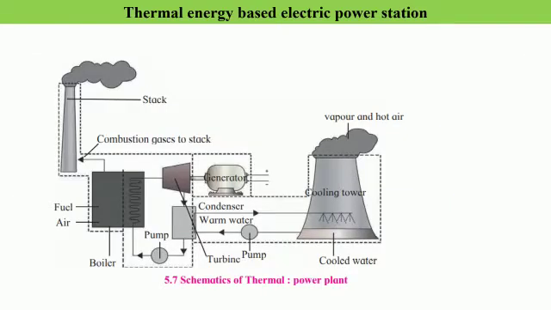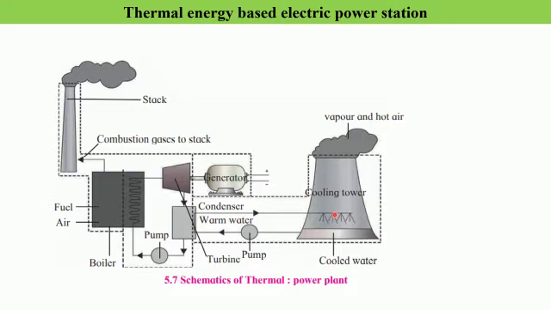Let us now try to understand the schematic diagram of a thermal power plant. If you have ever passed by the Koradi thermal power plant, then you must have definitely seen two big towers. One of these towers is for waste gas removal, and the second one is a cooling tower.